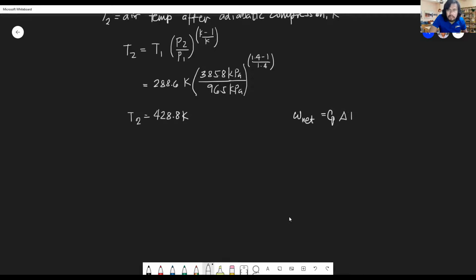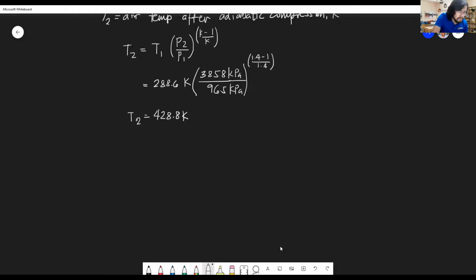So W expander minus W compressor, and we get that as the W net. We have to solve for the Cp delta T for both of these values. So let's try to solve now for the other temperature values.